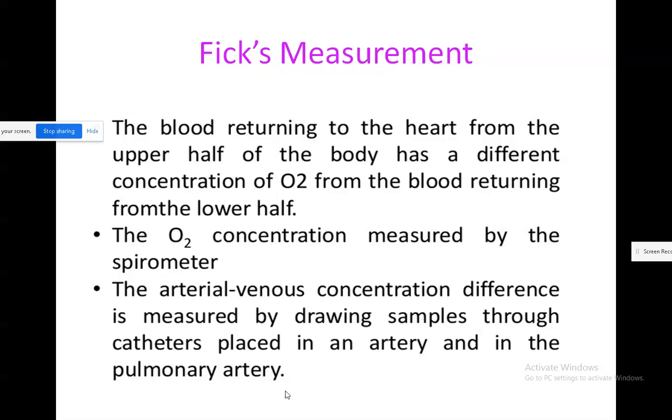Another concentration will be measured at the removing of oxygen, that is the venous part. At the venous region, you will be measuring the same amount of oxygen. So the venous concentration as well as the arterial concentration will differ. That difference value will give the blood flow in the heart.